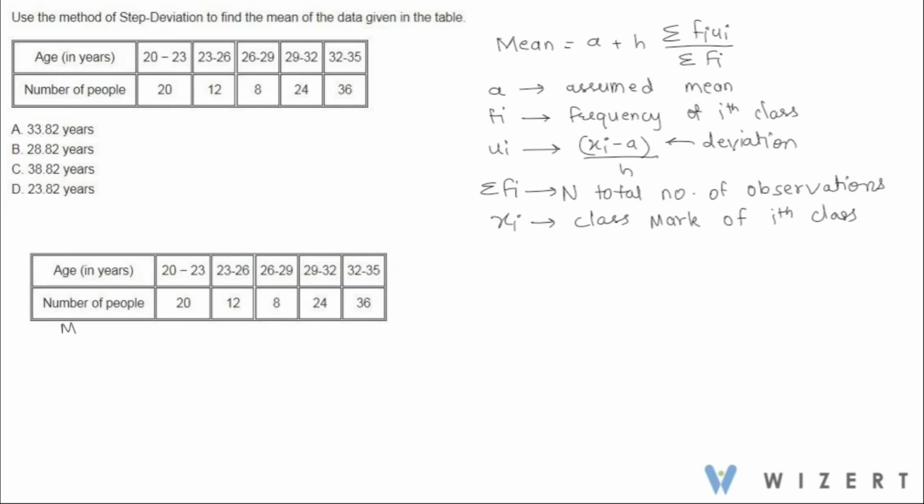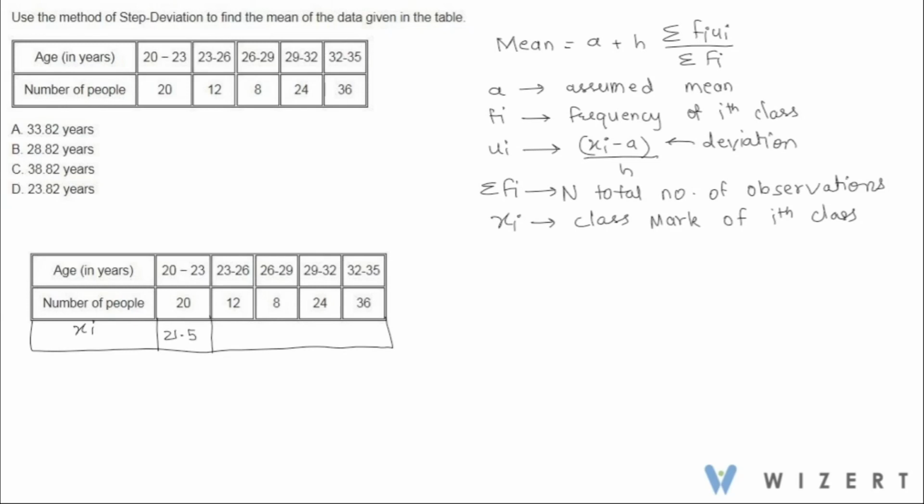or in this case it's xi. Let's find xi, which is for 20 plus 23, it's 43 by 2, which is equal to 21.5.